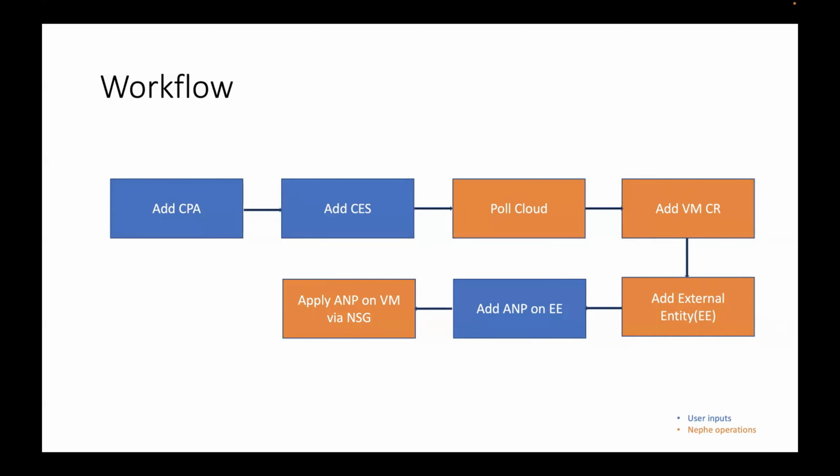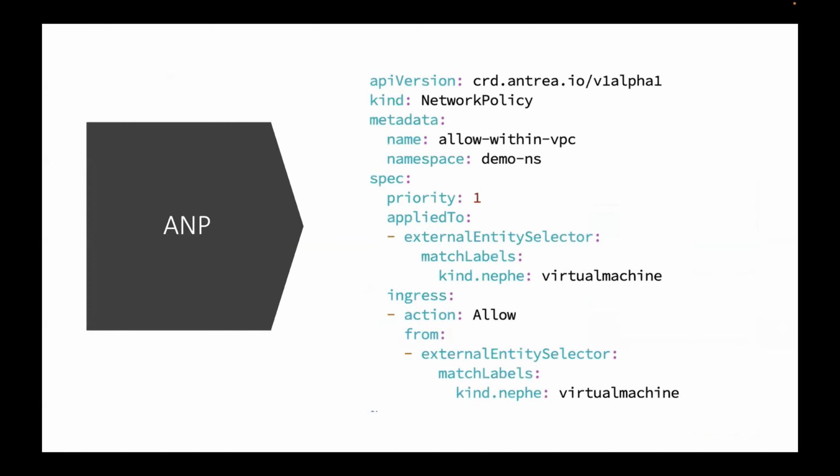If I go to the next slide, the apply-to field here should always be an external entity selector. And in the external entity selector, you can use any label on the external entity. When we create an external entity, we add a few fixed labels like kind NEFI, tag NEFI, and so on.